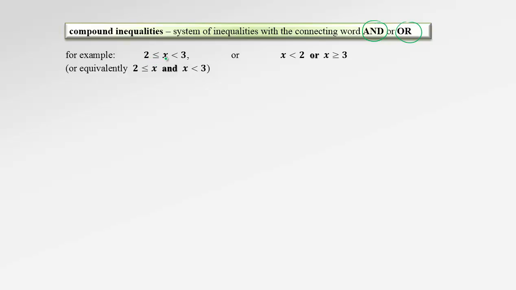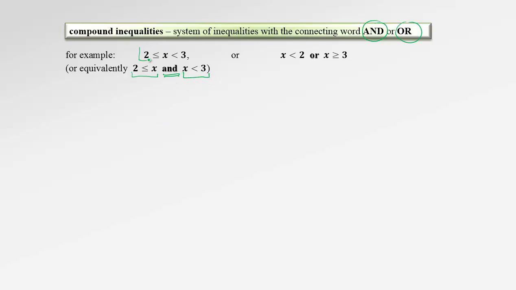If we want to indicate that x is bigger or equal than 2, but at the same time is smaller than 3, we can write this compound inequality, two inequalities in a row, in one stream like this, or we could rewrite those two inequalities equivalently by saying x is bigger or equal than 2 and at the same time x is smaller than 3.